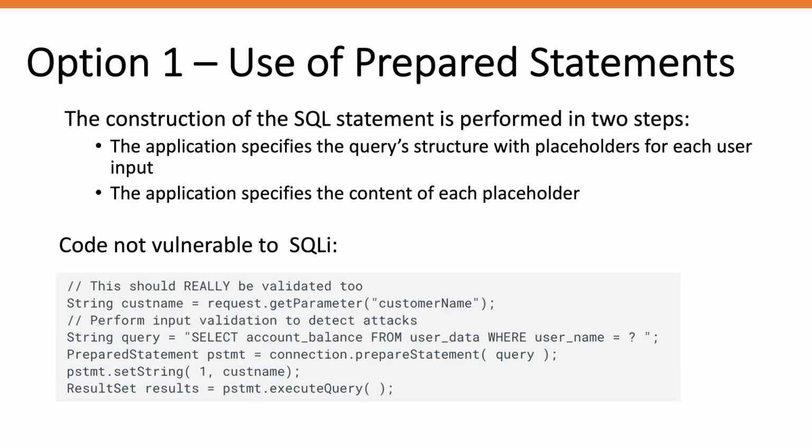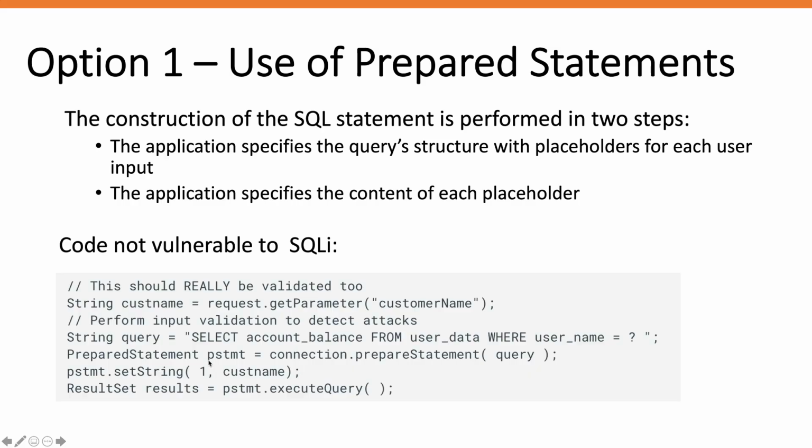And so let's take an example of code that is not vulnerable. So in this code over here, you could see there is the variable cust name. It takes a user supplied input, customer name. We've got the query over here being defined. And then over here, it prepares the statement through a database connection.